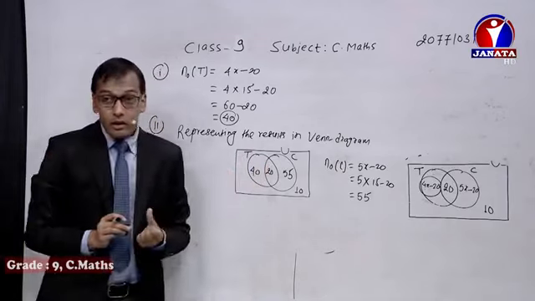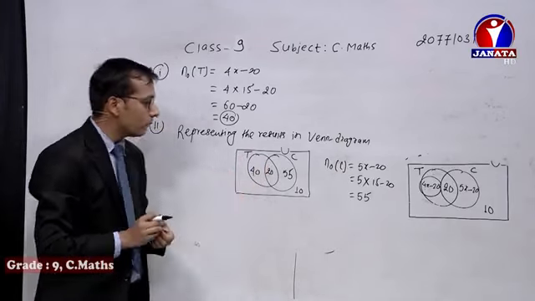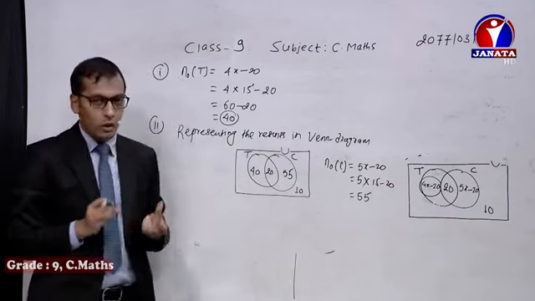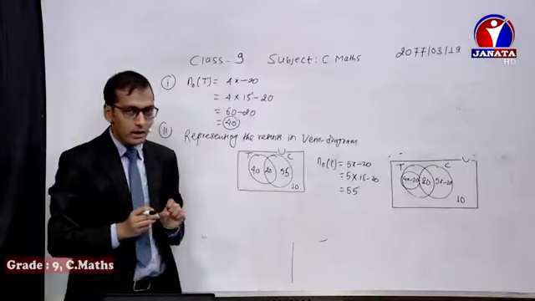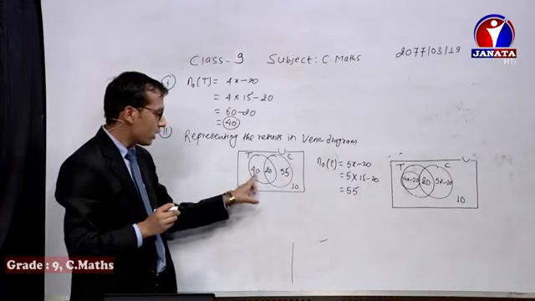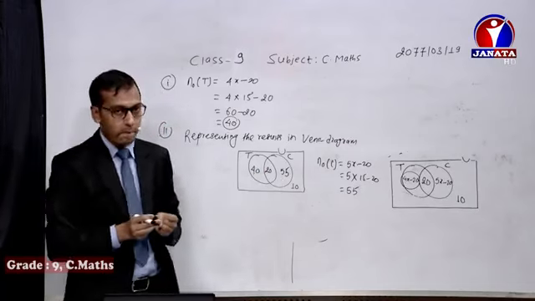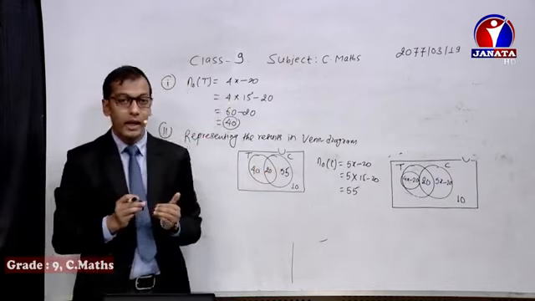Okay, so these are the results, and if we add all these numbers, we will obtain n of u, which is 120. We can try this. 55 plus 10 is 65. So 65 plus 40 is 105 plus 20 is 125. So adding all the numbers in a diagram always gives n of u.